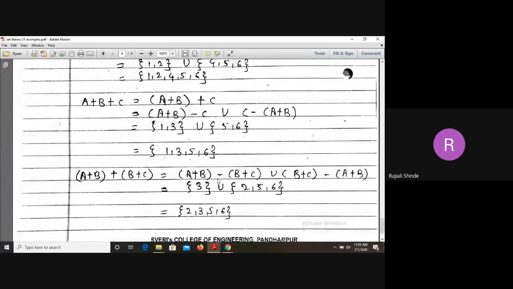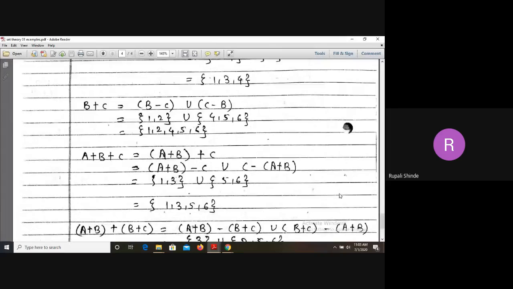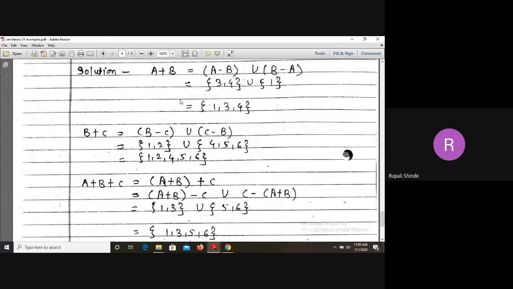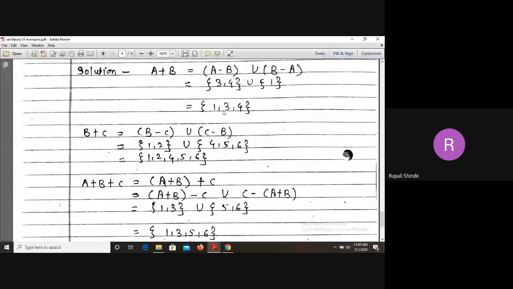Now the next part is B plus C minus A plus B. First we have to consider B plus C and remove the common elements from it. So again, two elements are common, 1 and 4.